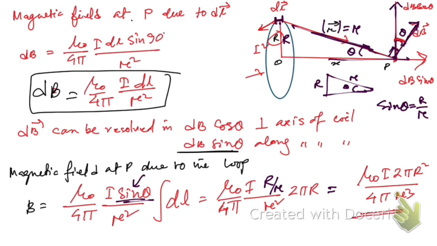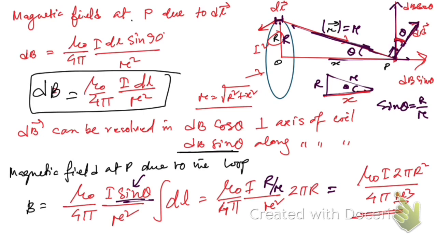Okay, so now you see, from this triangle we know this distance is x, and if you apply the Pythagoras theorem, then small r will be equal to root over capital R square plus x square, using Pythagoras theorem, right? So we can replace this r cube by this.